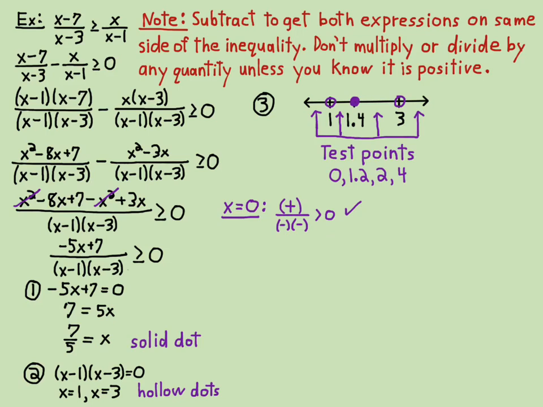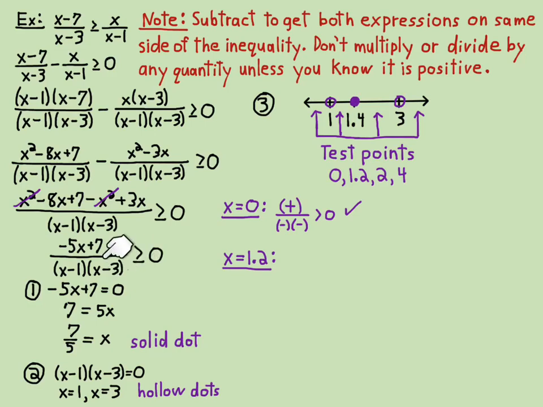The other way to do it would be to take 0 and just plug it in here. You get negative 7 over negative 3, which is 7/3. Is that bigger than negative 1? Yes. So that was actually pretty easy. So that's yes. Right, and you'd have to check that for each of these. You can use your calculator on them if you want, especially with this 1.2, right? But I use this down here where I can just keep track of signs.